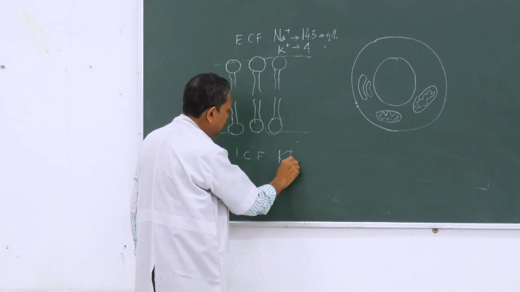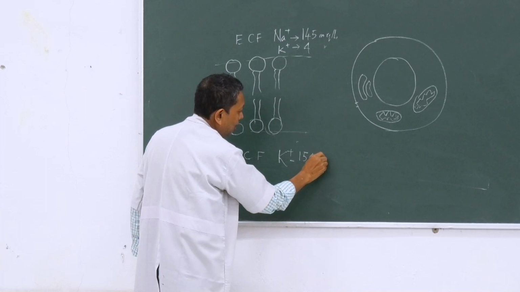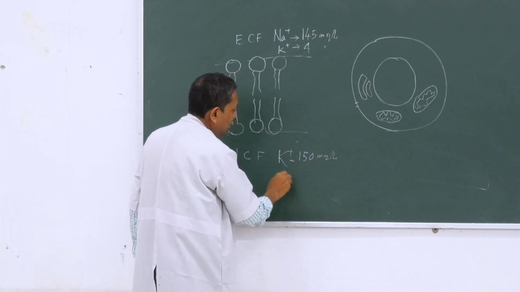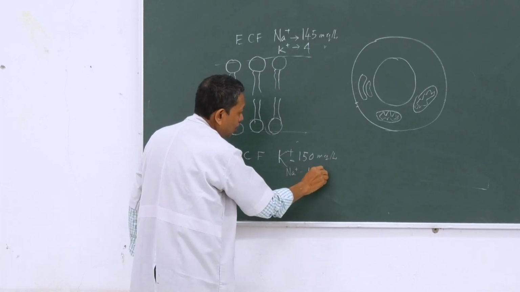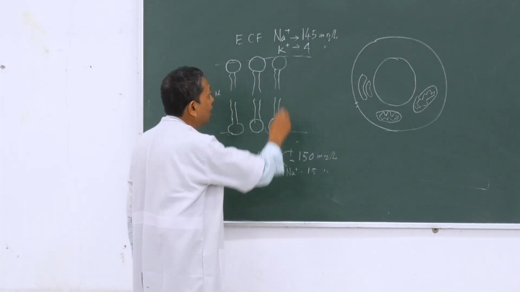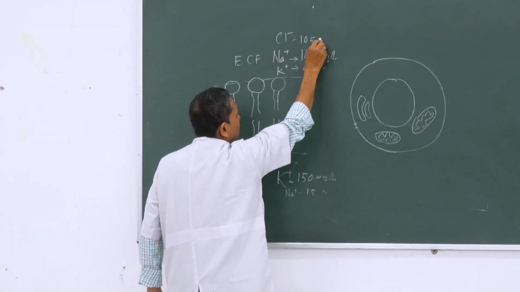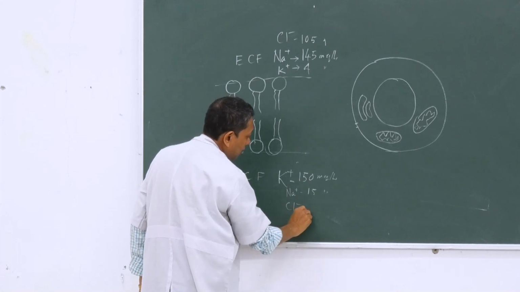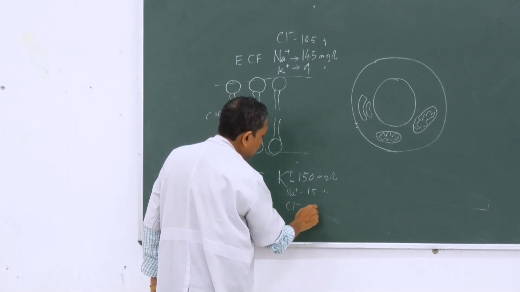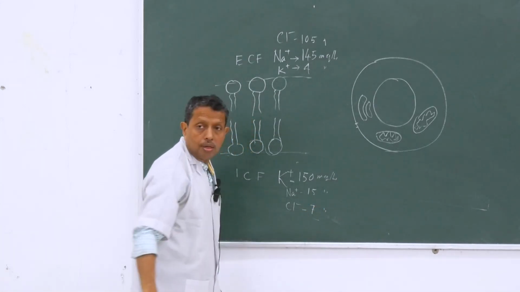But in the intracellular fluid, potassium concentration is 150 milliequivalent per liter, and sodium concentration is 15 milliequivalent per liter. Chloride concentration is more in the extracellular fluid, 105 milliequivalent per liter, and chloride concentration here is much less, around 7 milliequivalent per liter.